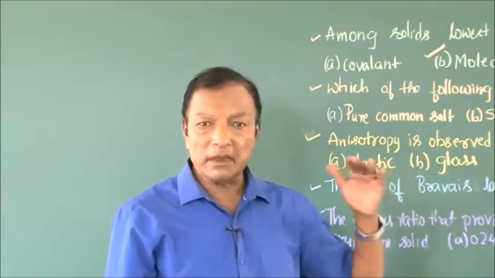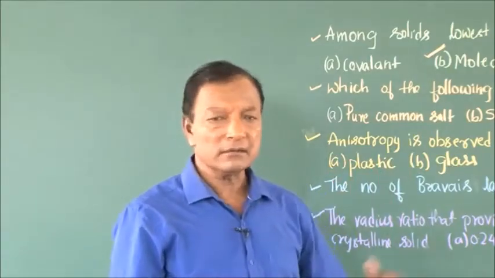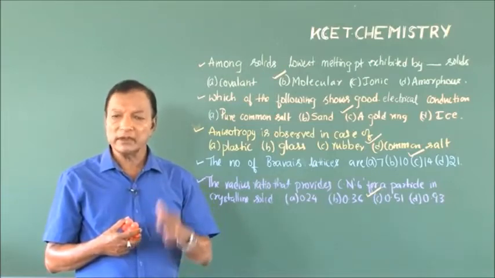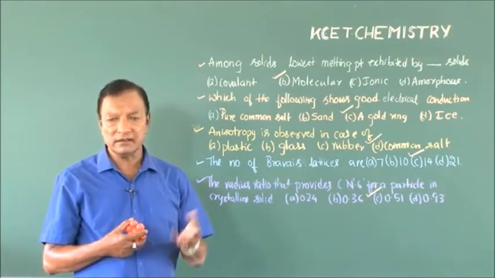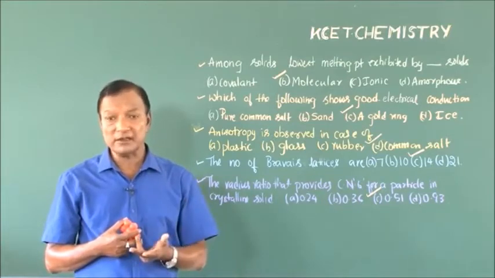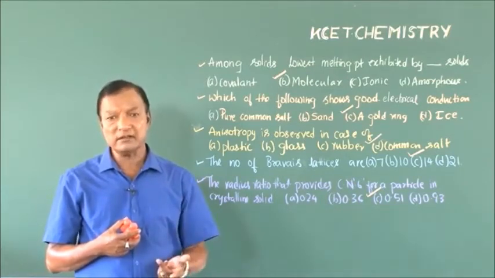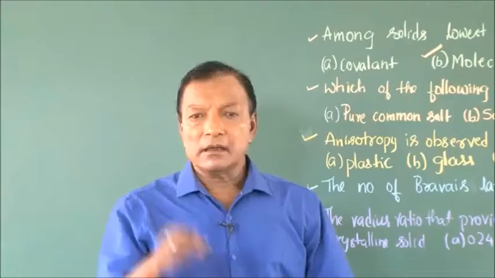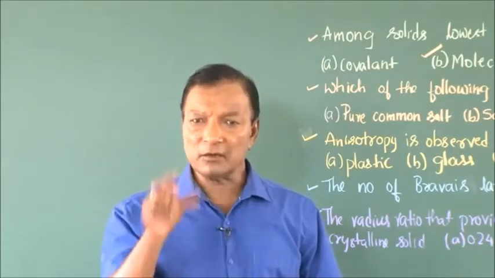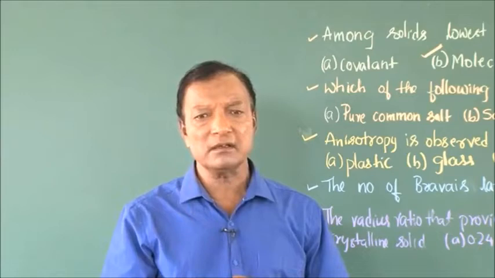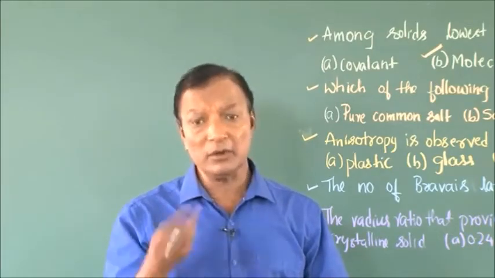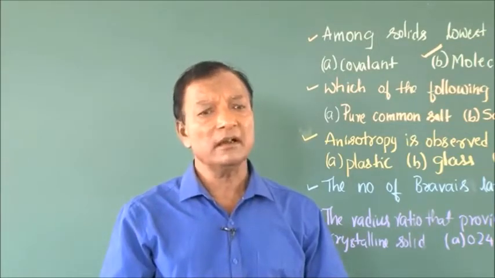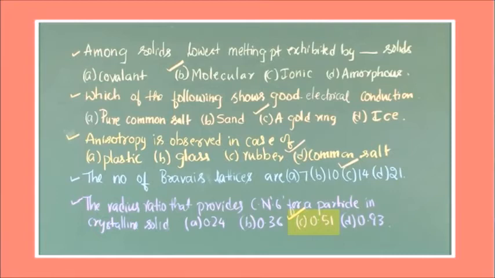So please make a note of it, like what are the basic needs we have in the study of the crystalline solids, that is their compact arrangement and their melting points and their physical properties like anisotropic nature, systematic arrangement, and the coordination number of each of these particles in the crystalline solid. And we will be going for some more questions where we explore some of the other features of the crystalline solids.